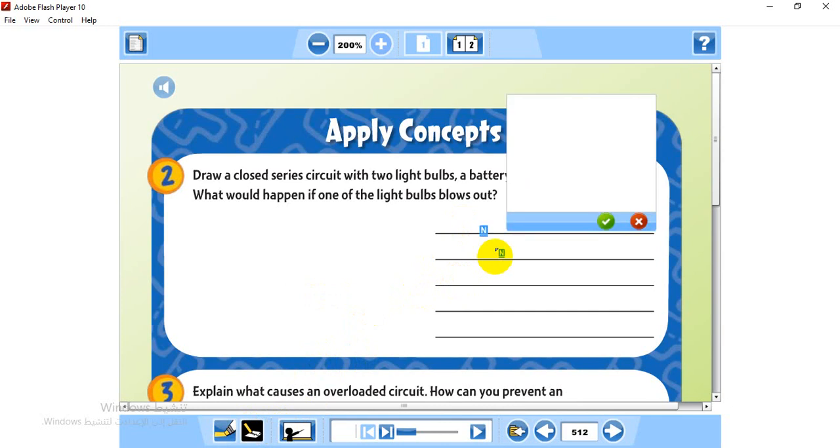So electric current would what? Stop flowing through the circuit.